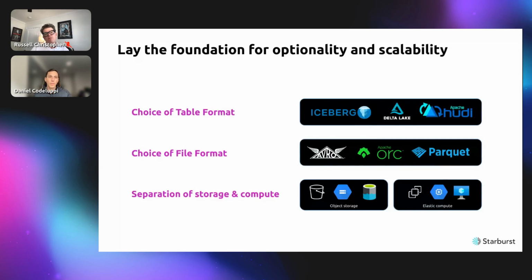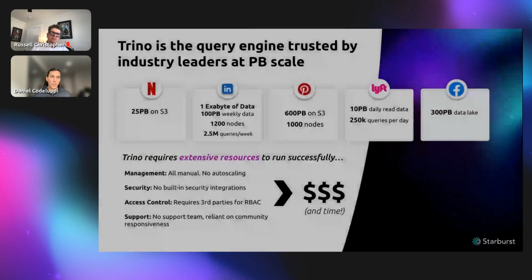So overall, the components of this data lakehouse, or otherwise known as what we're calling a modern data lake, are highly toggleable. You can control each part of it without affecting the other. Now, before I get into that, there's one key component missing here, and that's a query engine.